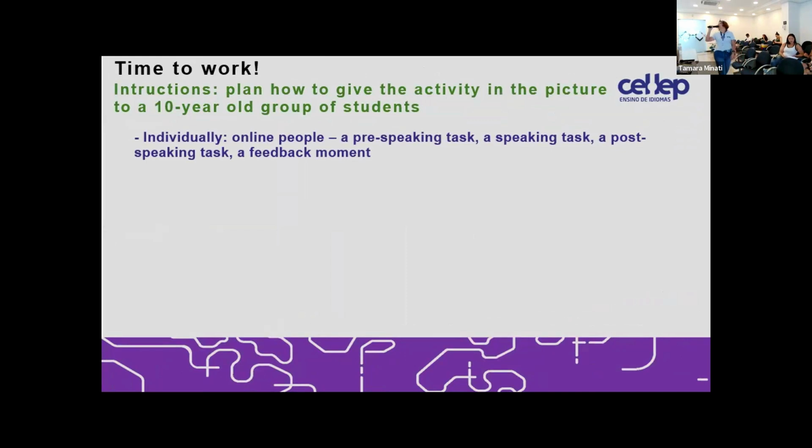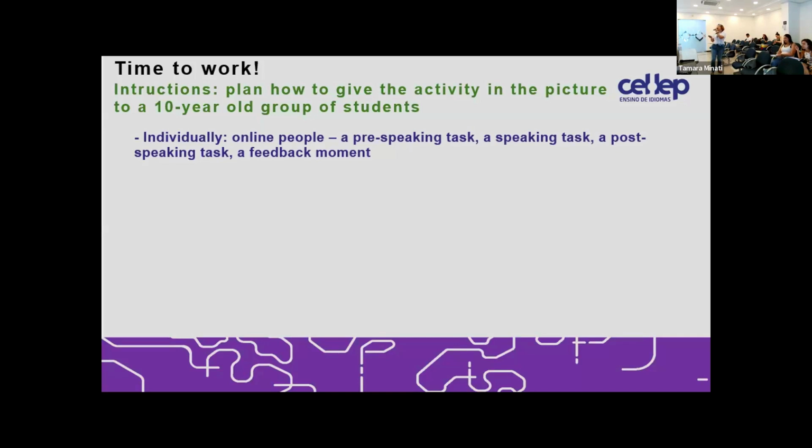So you have to think about how to present this activity to a group of 10-year-old students. You are going to work separately. Renata, you think of your activities. Marceli, you think of yours. I'm so sorry about the online people, forget it. We needed to invert the things.